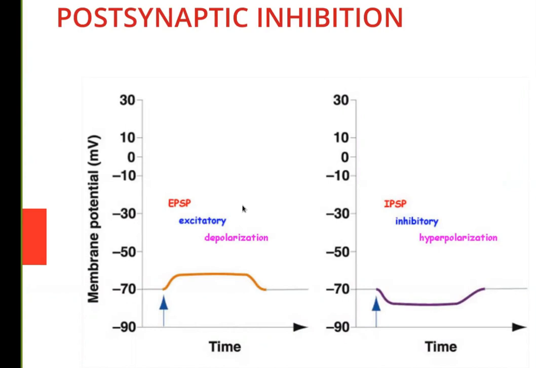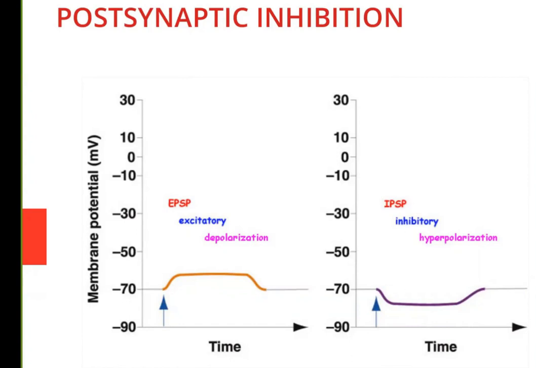Usually, postsynaptic inhibition is realized with the help of hyperpolarization, because glycine, for example, leads to opening chlorine channels and chlorine ions entering the cell. As a result, the cell becomes more negatively charged compared to the outside of the cell.